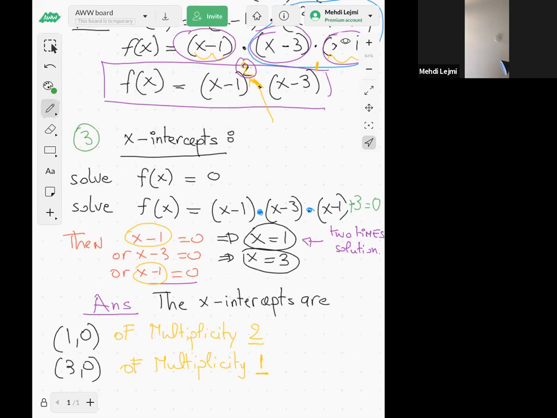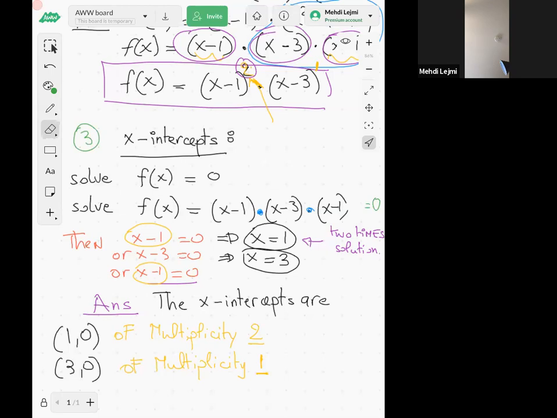Because if it's only a product equal to 0, then yes, one of the factors would be 0. Otherwise, if your remainder is not 0, then you cannot really solve the equation, right?